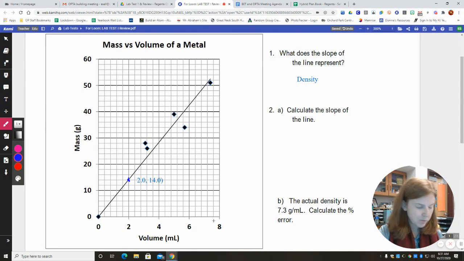All right. And then I'm going to plot another point. Let's see, what's a good spot here? This one's good.